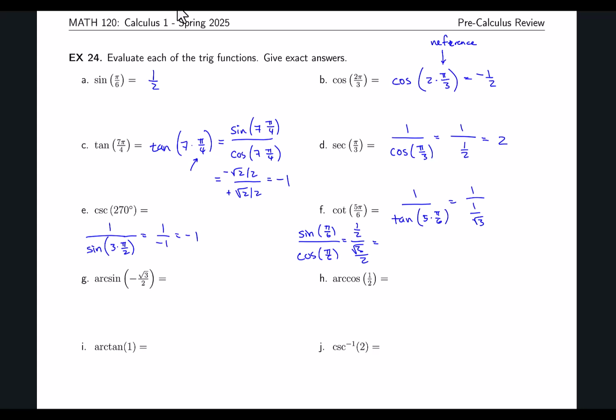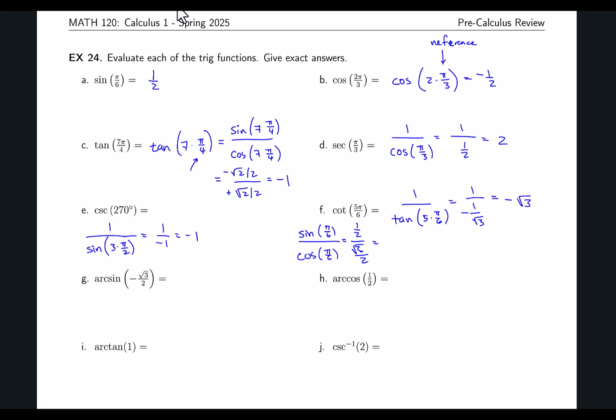We'll simplify. And then this multiplier of 5, it's smaller than the 6, which means I'm in quadrant 2. All right, so then that tells me, because I'm in quadrant 2, all students, so sine is the only one that's positive, so tangent is going to be negative.